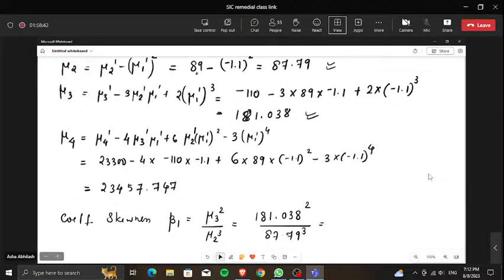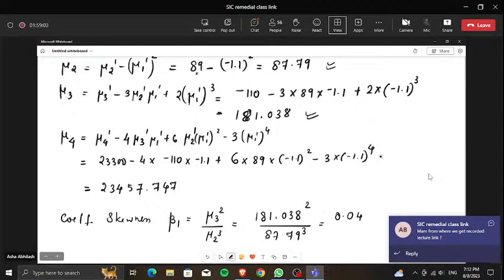All cube. What is this value? Quickly find. 0.04. Okay, so I have already mentioned that when you are calculating beta 1 with this formula, you will always get a positive value. But you have to check what is the value of mu3. Here you can see that the mu3 value is positive.